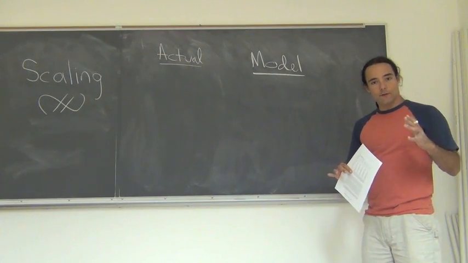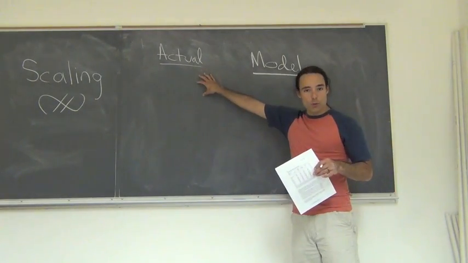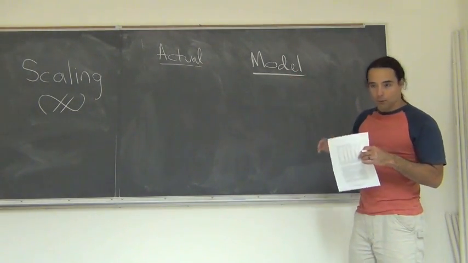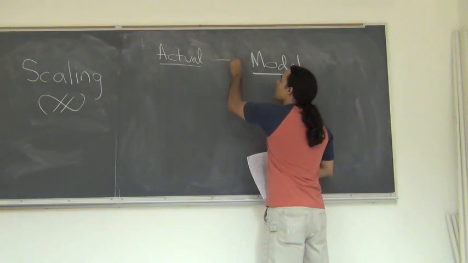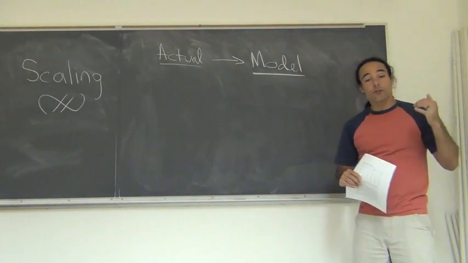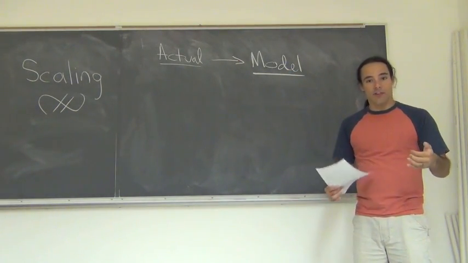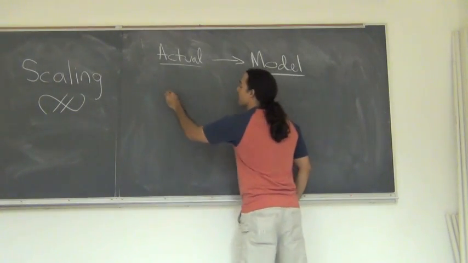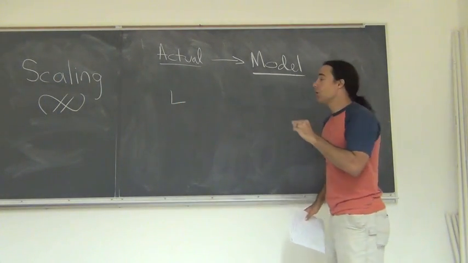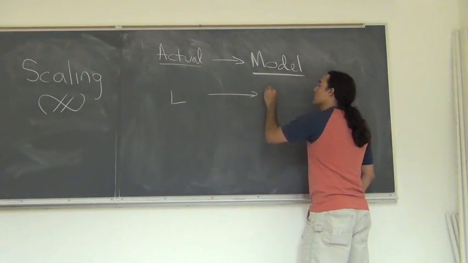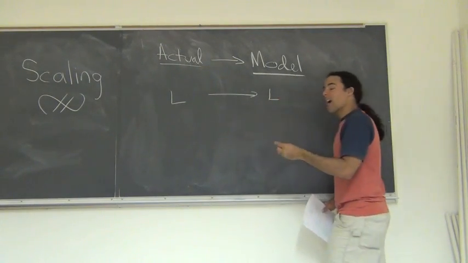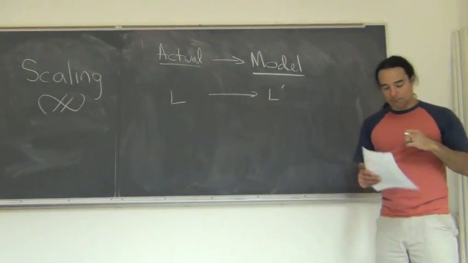So we are trying to convert from actual Batmobile to the model Batmobile, which means we're converting a few different things. I'm going to go from the actual length of the Batmobile to the model length. I'll call the actual length L, I'll call the model length L prime.